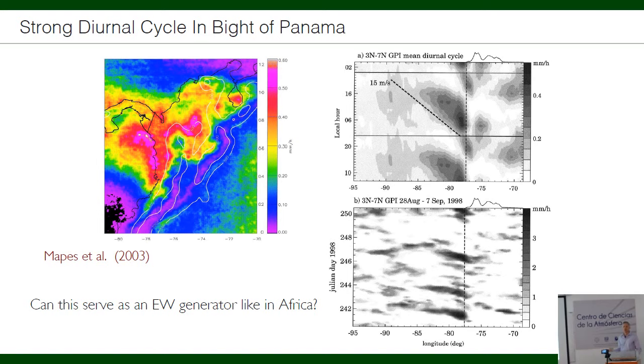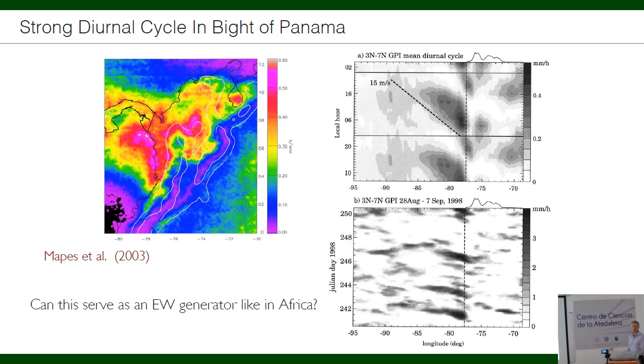What's even more interesting about this region is the diurnal cycle. This is longitude on this axis, from 70 west to 95 west, and local time on this axis, starting at 10 a.m. local time, going to midnight, and then coming back around again to the next day. What you can see is a very strong diurnal cycle in this region, and this precipitation slants upward to the northwest.